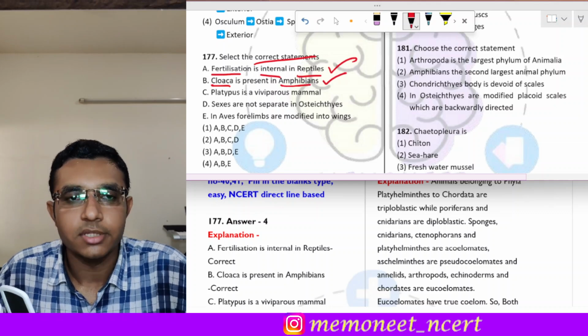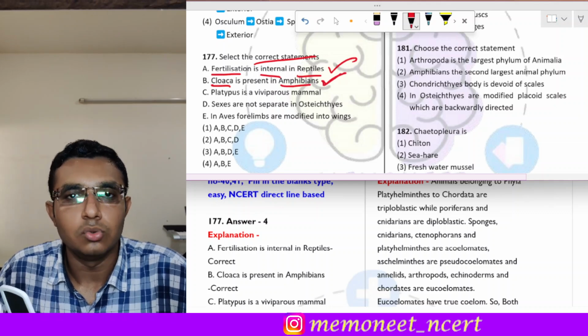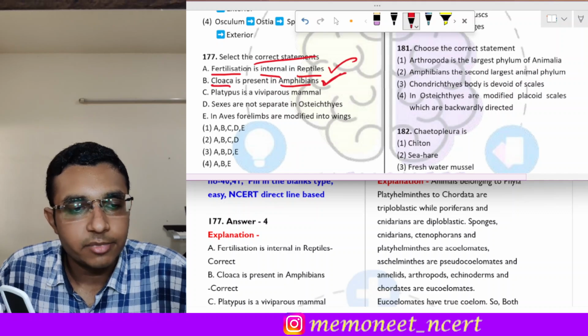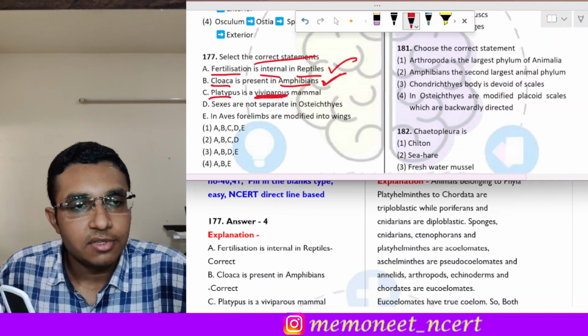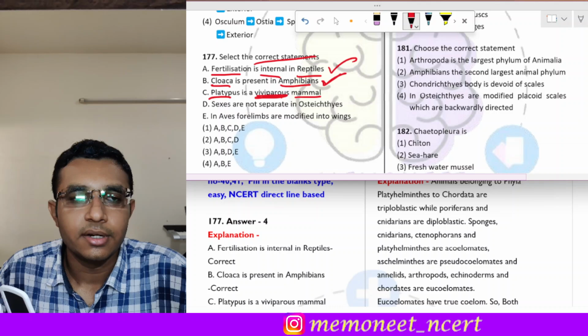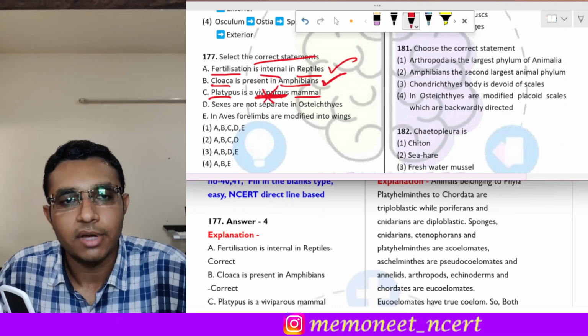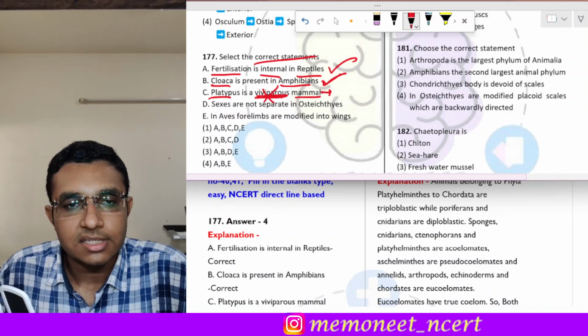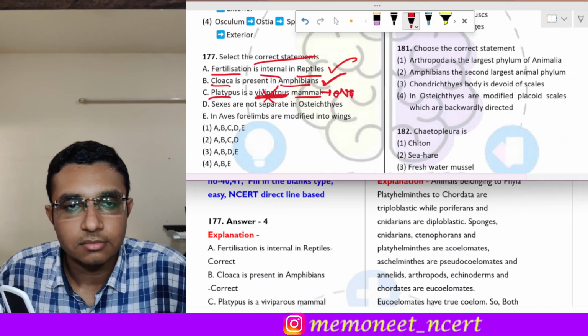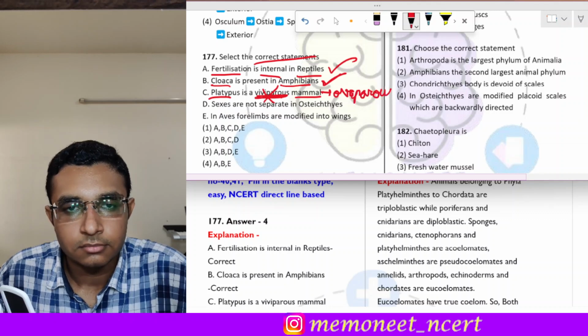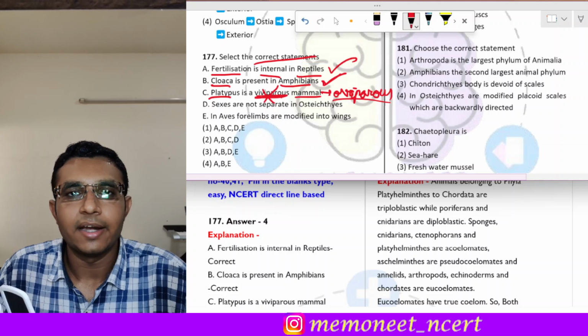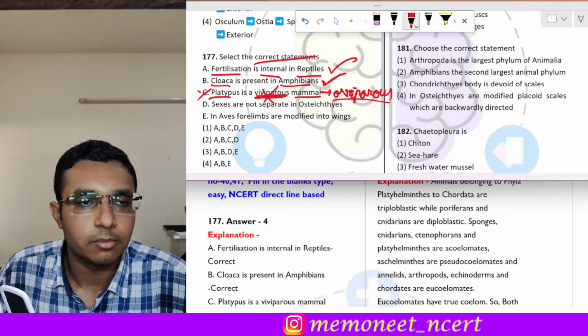This statement is also correct. Amphibians do contain cloaca. The third statement is platypus is a viviparous mammal. No, this statement is incorrect, because platypus is an example of oviparous mammals. So the third statement is incorrect.